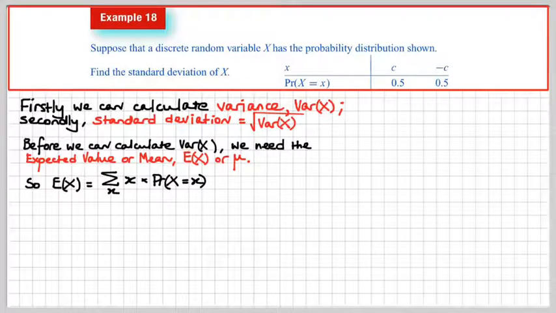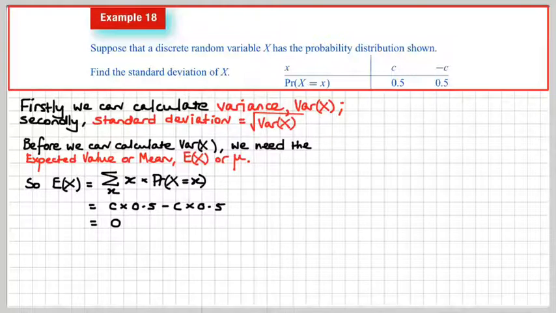The expected value of x is the sum of all the specific values of x multiplied by their respective probabilities. You know how to do that because we've done that before. In this case, we've got two values of x: c and minus c. So we take c, multiply it by its probability, and add to that negative c multiplied by its probability. The sum of those two terms gets us the expected value of x, which is 0.